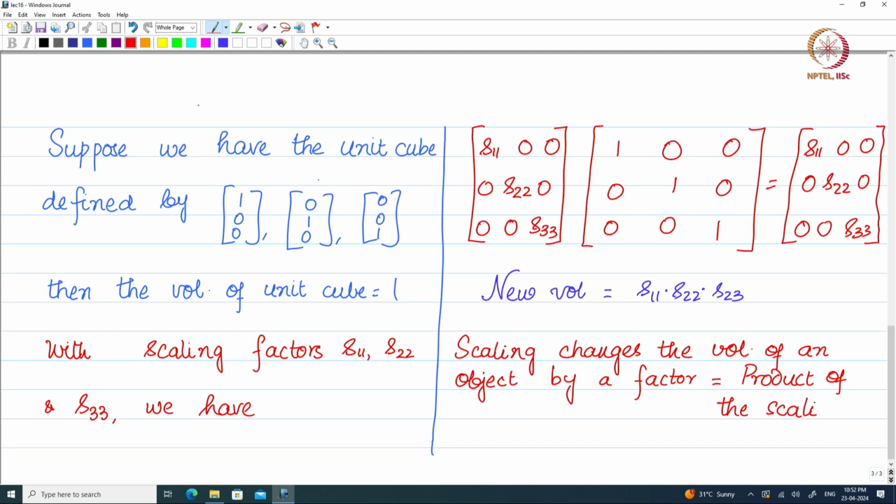Yeah, that is interesting. So if you scale, the new volume is scaled by the product of these scaling factors that you have used, right.